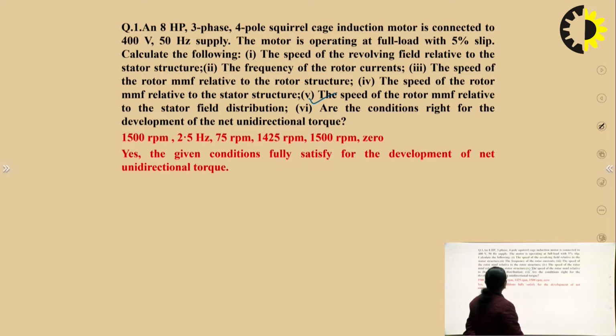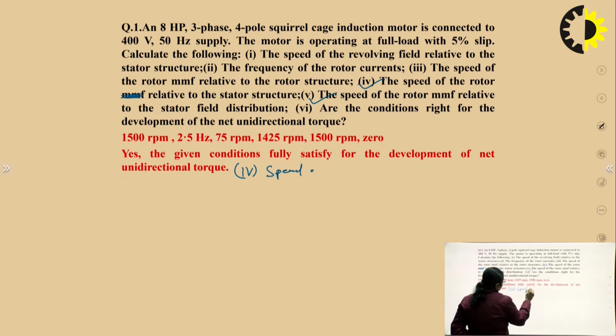And the fourth part was this part: the speed of rotor MMF relative to stator structure. In fact, let me correct the fourth part of the question. The fourth part is asking for the speed of rotor, not of rotor MMF. So in the fourth part, we need to determine the speed of rotor relative to the stator structure.